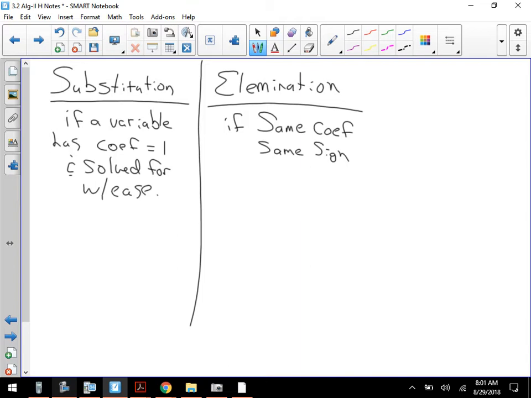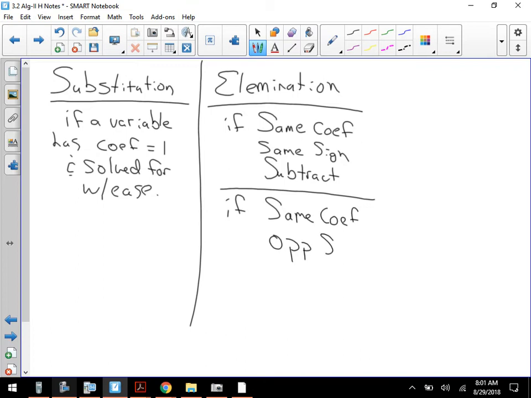So if you have same coefficient, same sign, you would subtract. And then if you have same coefficient, and this will all ring a bell once you see a couple examples, with opposite signs, you would add. And then, like you were just saying, if all else fails, then you would use linear combination.